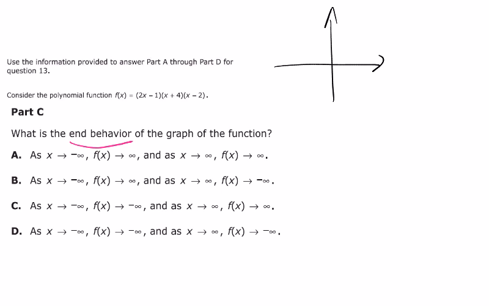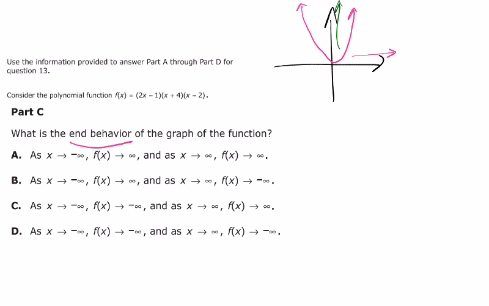So for example, if I have a parabola, the end behavior would be as x approaches infinity, f of x also approaches infinity, right? Because the function goes up on the right. As x gets higher, y gets higher, and it goes forever in both directions.